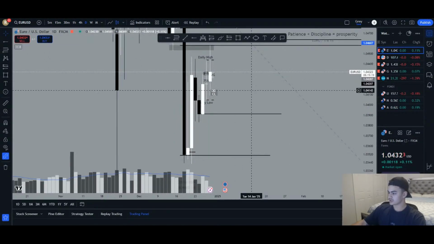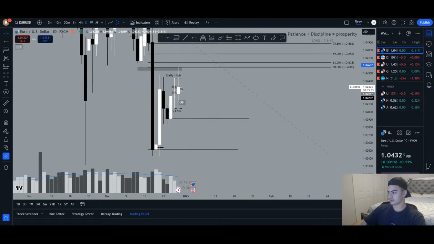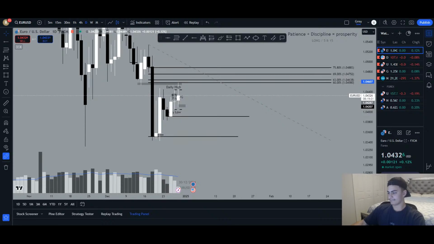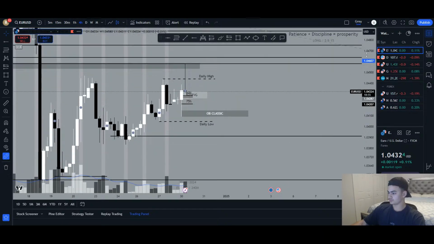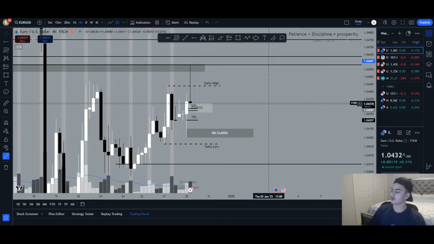This one closed like this. What it could actually do, it could actually turn bearish still. Because 4 hours turning bearish into a reverse hammer.